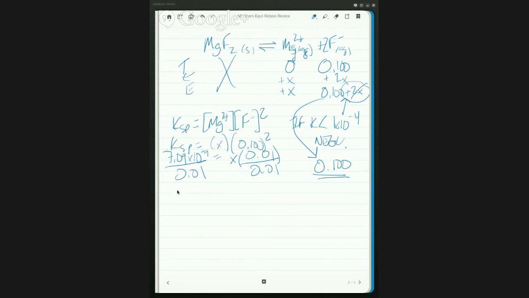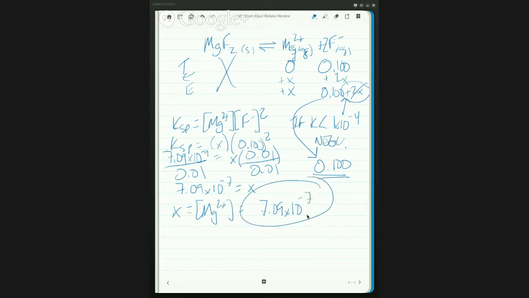You plug it into your calculator and you get 7.09 times 10 to the negative 7th is equal to x. And x is equal to the concentration of Mg2+. So that's equal to 7.09 times 10 to the negative 7th.